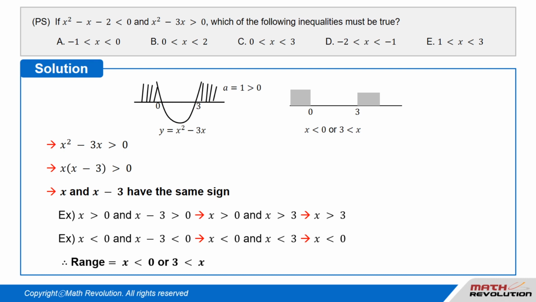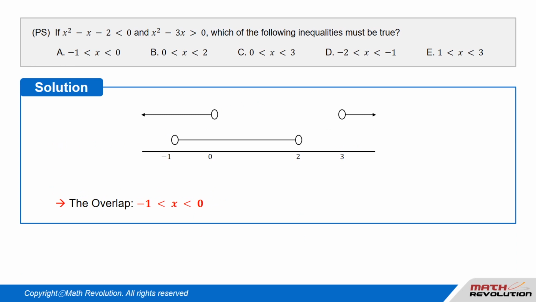Therefore, the range of x becomes x is smaller than 0 or 3 is smaller than x, as shown by the figure above. The overlap between the two inequalities is negative 1 is smaller than x, which is smaller than 0, as shown above, and is correctly given by option A.